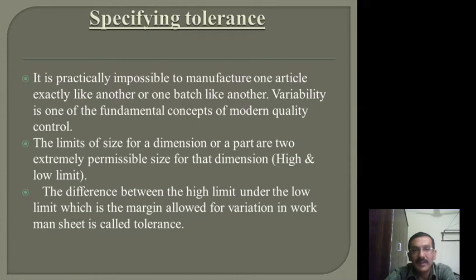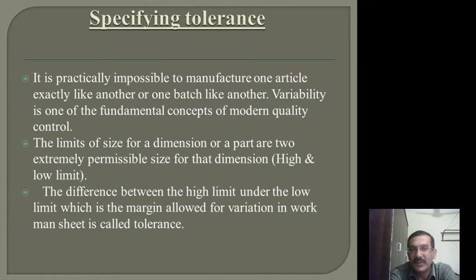There are two types of limits, high limit and low limit: the extreme permissible sizes for a dimension of a part. This is also considered in specifying a tolerance.